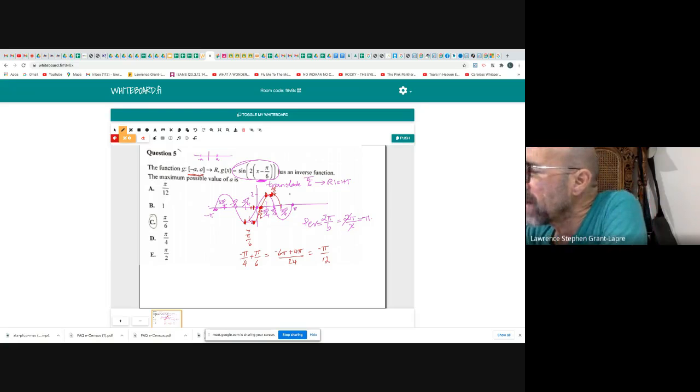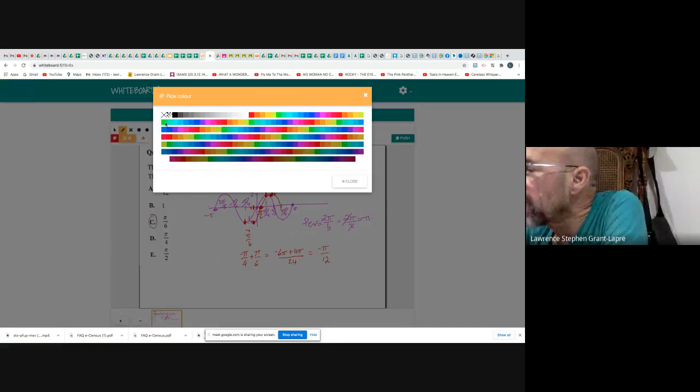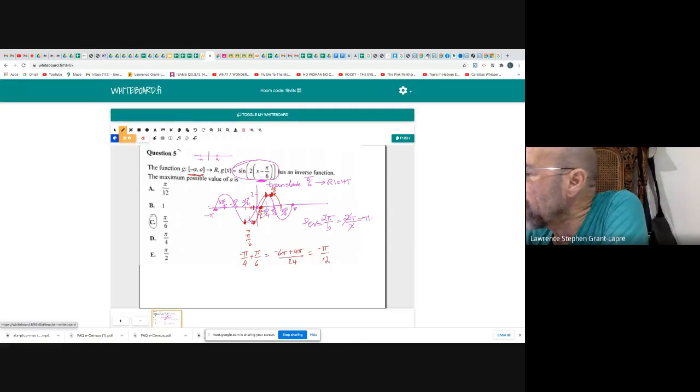All right, now we're ready to look. Because we cannot have a turning point in the inverse, we cannot have negative pi over 12 as part of it. So anywhere between negative pi over 12 and positive pi over 12, then we're okay, because we don't have any turning points in that area.